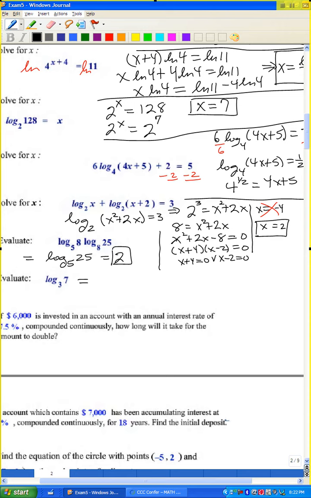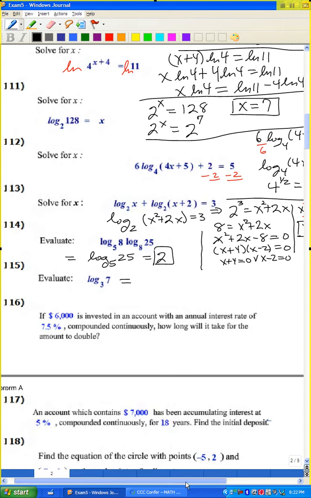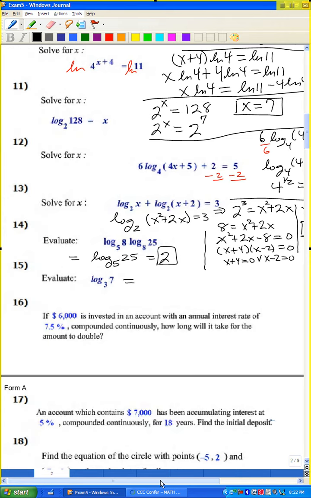Let me do the next problem, problem number 15. And so I can use any base I want. I used the common log last time for the change of base formula. So let's use the natural log, I guess. And so this is ln 7 over ln 3.